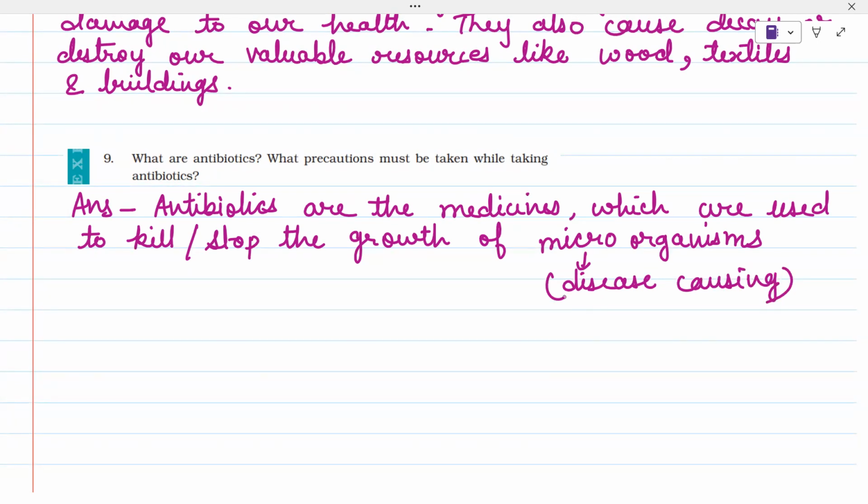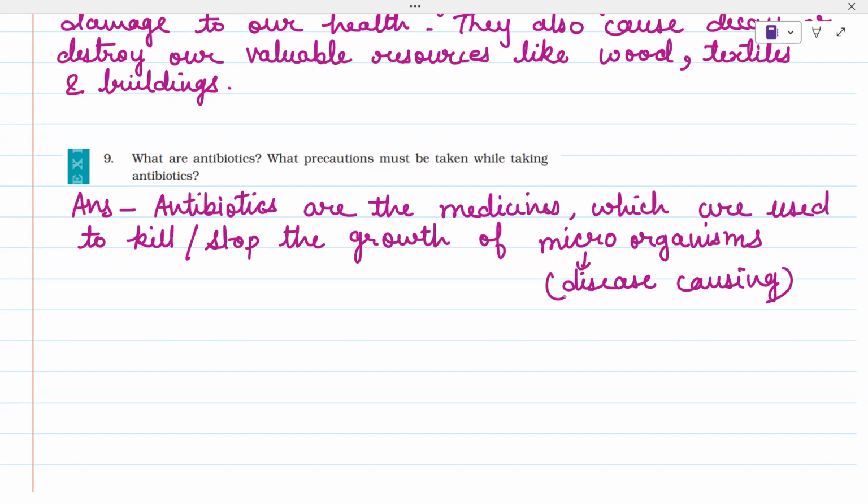Right? Now, what are the precautions which we must take while taking antibiotics? So, when we are taking antibiotics, we should be careful enough, right? We should not take it on our own. We should always consult a doctor before taking these antibiotics. And also, whatever dosage is prescribed by the doctor, we should stick to that, right? And we should not use it in excess.